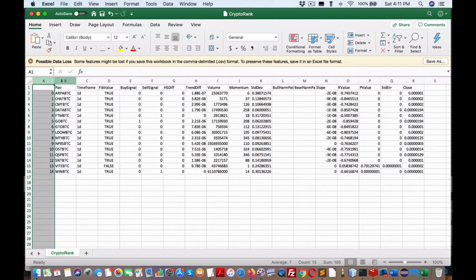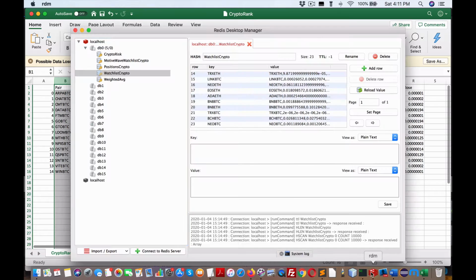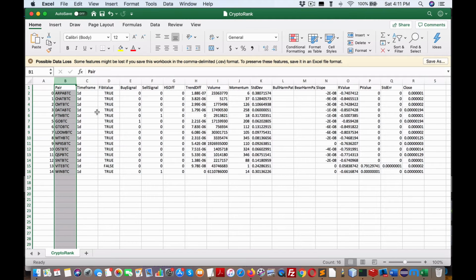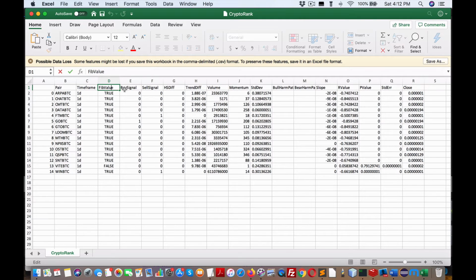So here are the pairs, and again, these are from the watch list that this thing generates every hour. Pairs come and go in this watch list, so these pair selections are going to be different on an hour by hour basis. Here we have our time frame on a daily analysis, and our fib value. Again, the golden range between those two values is shown, and another in the big reports. If the price is in that range, it might be tradable.